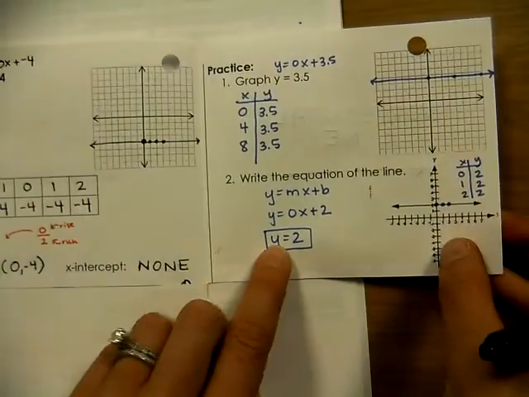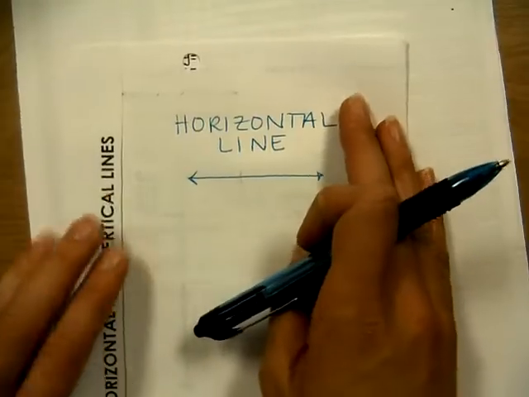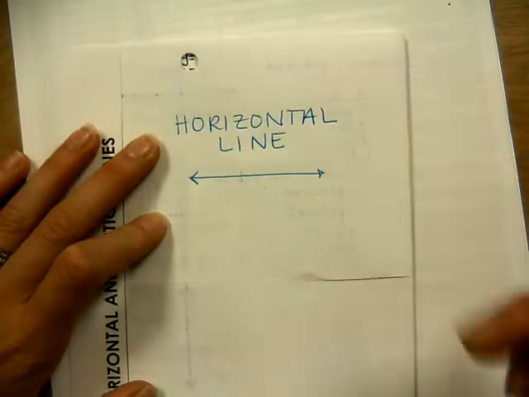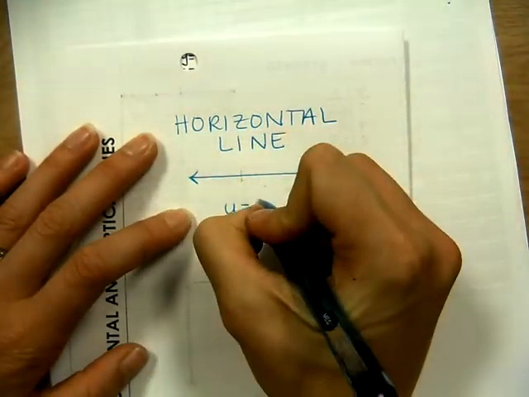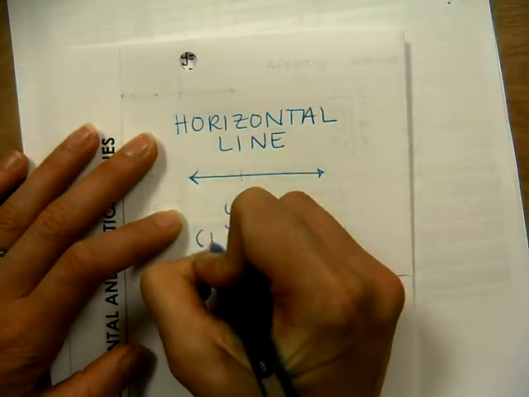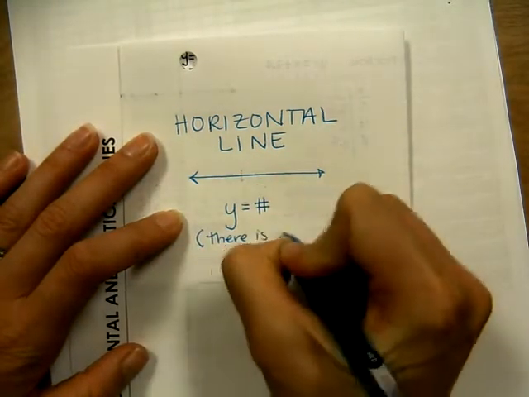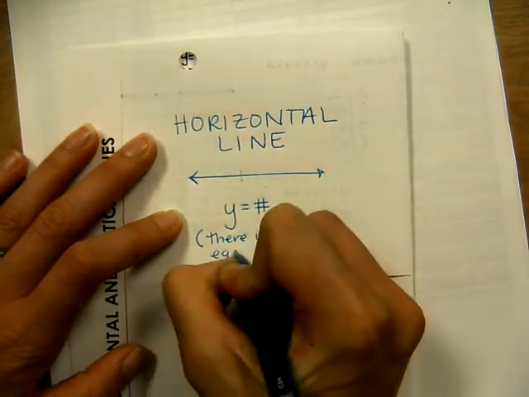Because for a horizontal line, y does not depend on x. Y remains constant. So you're going to see y equals a number. In other words, there is no x in the equation.